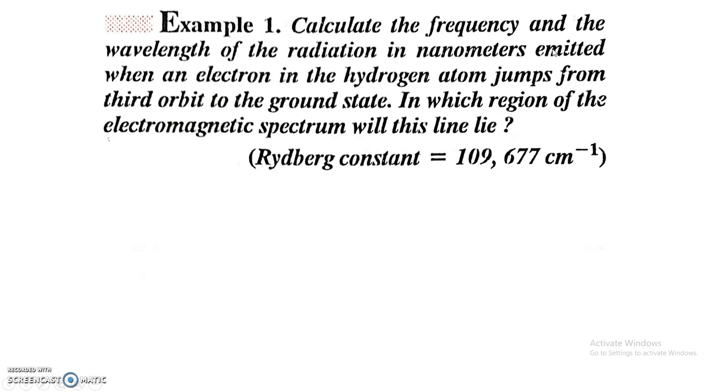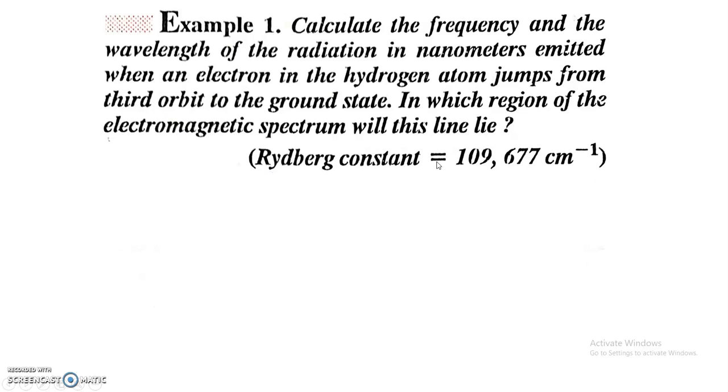Calculate the frequency and the wavelength of radiation in nanometers emitted when an electron in the hydrogen atom jumps from the third orbit to the ground state. In which region of the electromagnetic spectrum will this line lie?